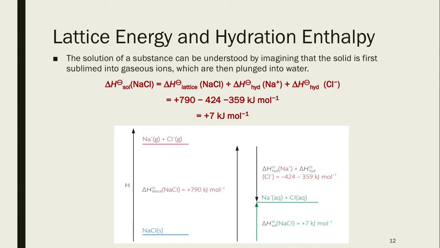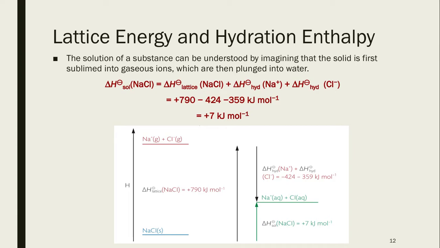Okay, so I'm going to talk about the equation here, and then how we're going to interpret a version, I guess you could call it, of it's very similar to a Born-Haber cycle, but it's going to involve a different process. Okay, but it is a different energy cycle that we're going to look at.